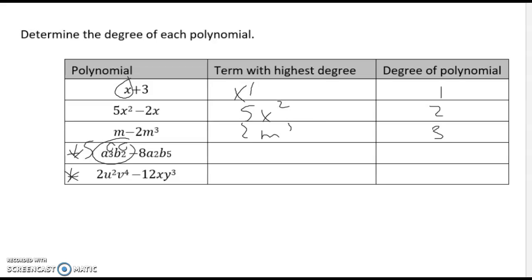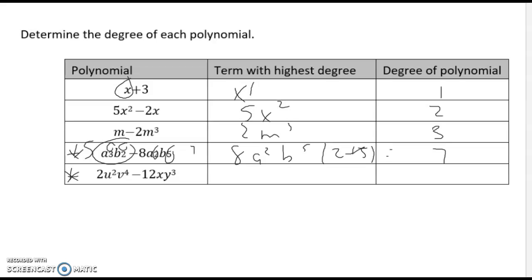The next one has a squared and b to the 5. So that one, 2 plus 5, would give us 7. So this one would be the term with the highest degree. So you're going to write in 8a squared b to the 5, and its degree would be 7, right? Because 2 plus 5 equals 7.